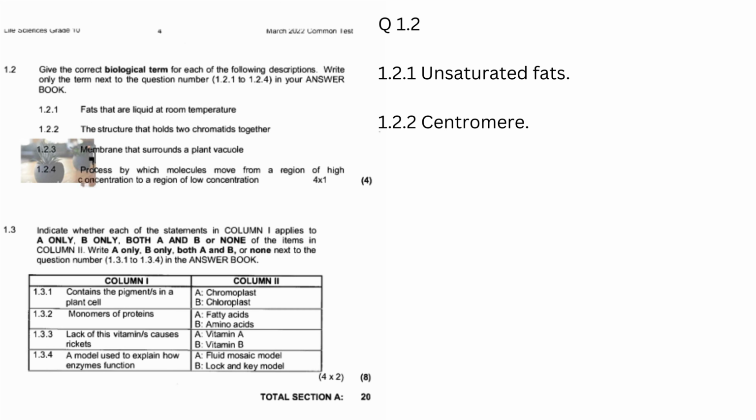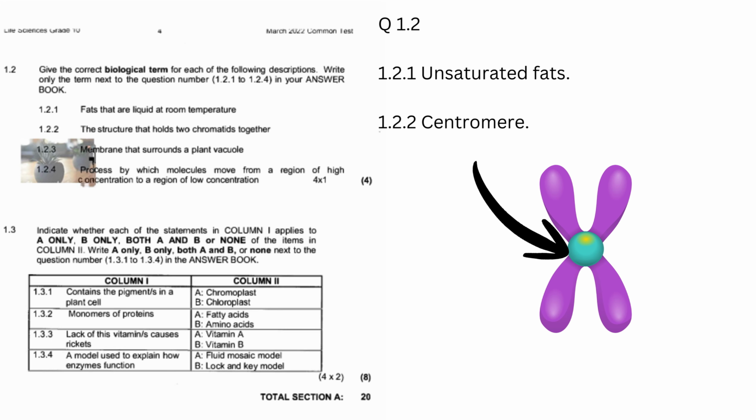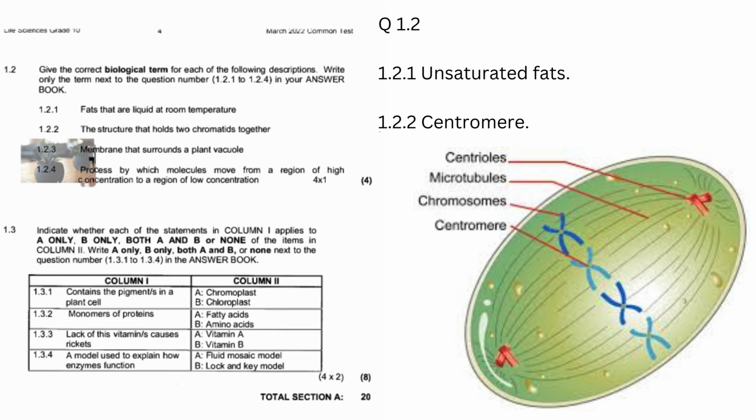It's like the button in the center holding the two sides together. And quick warning, don't confuse centromere with centrioles. Centrioles are at the poles of the cell during division. Different thing completely. If it's the middle holding chromatids together, that's a centromere.